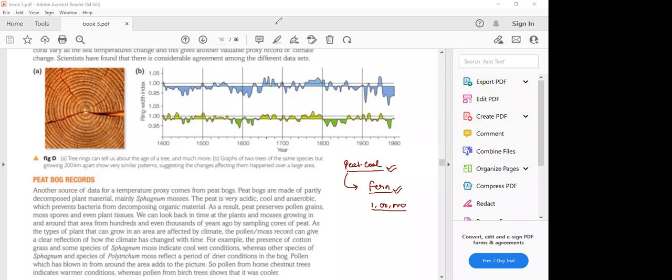Yes, fine. So suppose you want to know the age of a peat coal. You try to know its composition, and you come to know that peat coal is made up of a particular kind of fern, and this fern used to be found on the earth 1 lakh years ago. Then the age of this peat coal is approximately 1 lakh years.